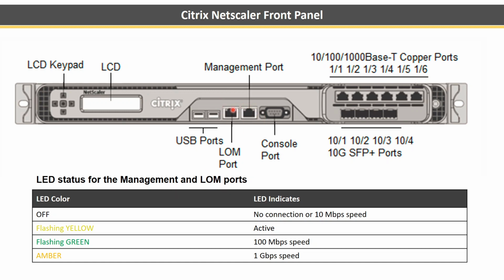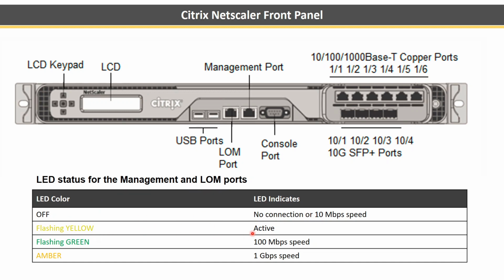I'm talking about these guys, the status here. By the way, for every RJ45 here, you have LEDs to show you the status, green and orange. Orange means it's not connected, green means connected, for these. But for these two, these are the indicators. Off means nothing will be shown.